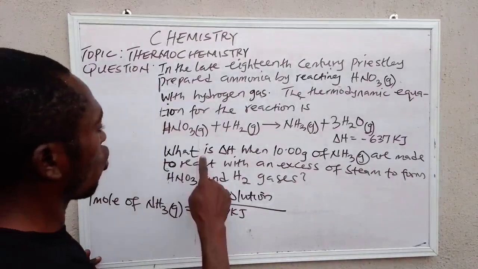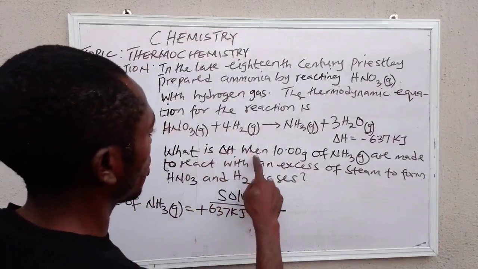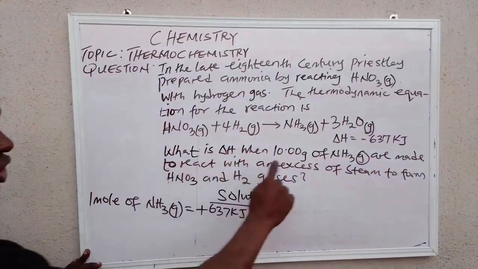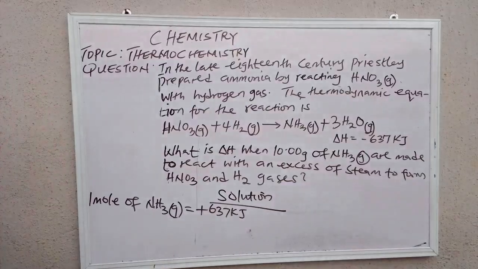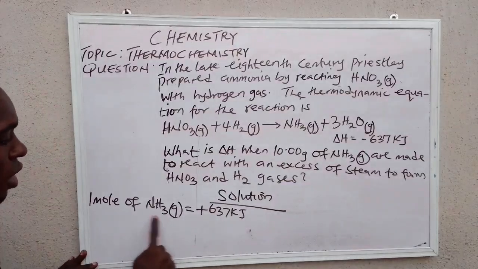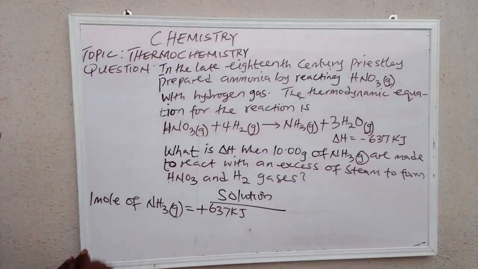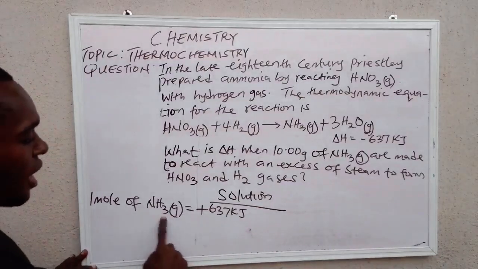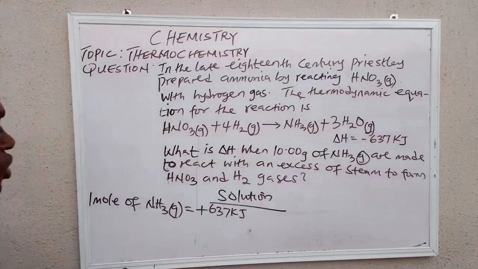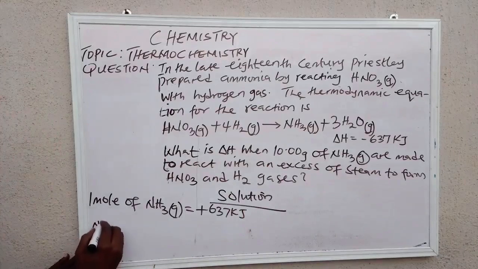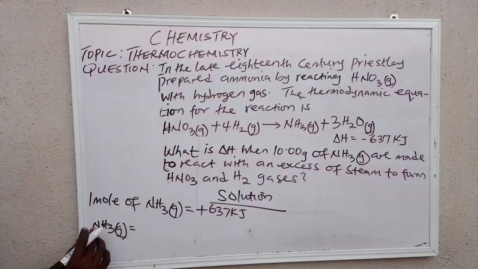So they are now asking us, what is the change in heat when 10 grams of ammonia are made to react? Now this is given in grams, so we must know the number of grams here that gave rise to this. Let's get the number of grams here before we relate this. Ammonia is ammonia gas. The number of grams is going to be the molar mass.